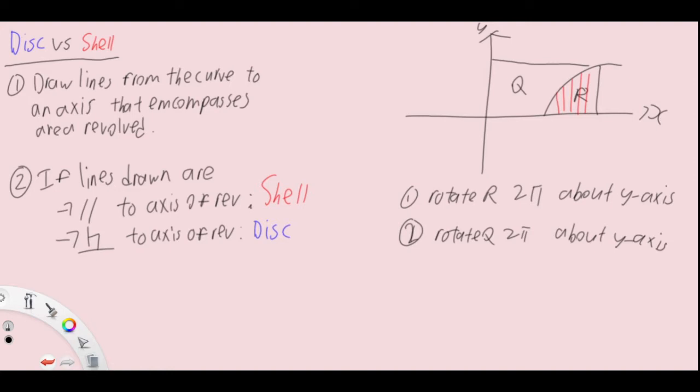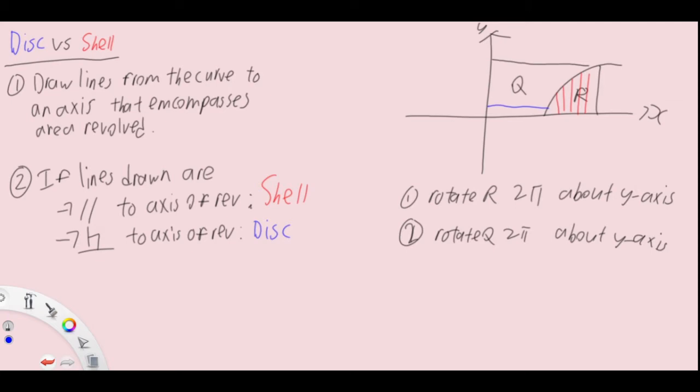First step, draw the lines from the curve to an axis that encompasses the area revolved. We know the area is on the left, so we can draw the lines downwards. What do you notice? We get perpendicular lines. Let's just draw one line here. All the lines drawn are perpendicular, and therefore it's the disc method.